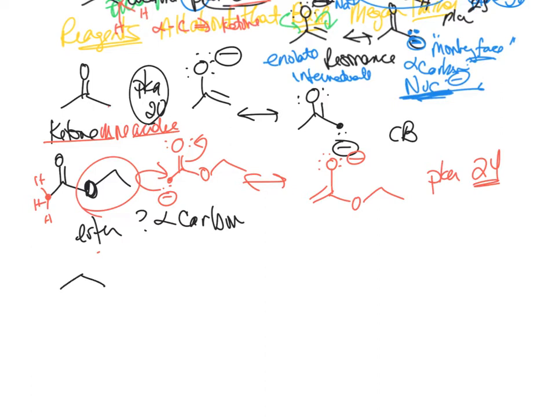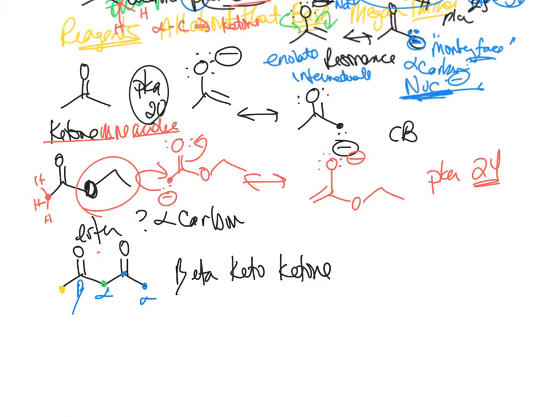Then we have 3 more that I need you to know. So we have this, and this is a beta keto ketone. You like that? So this is your alpha, and this is your beta. We have an alpha here, an alpha here, and an alpha here.